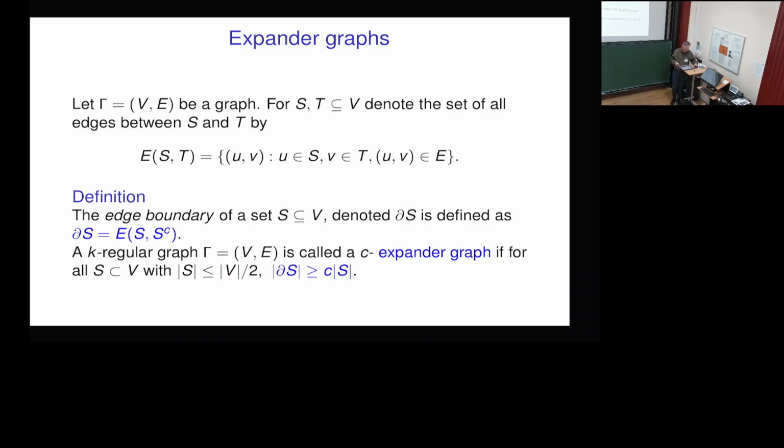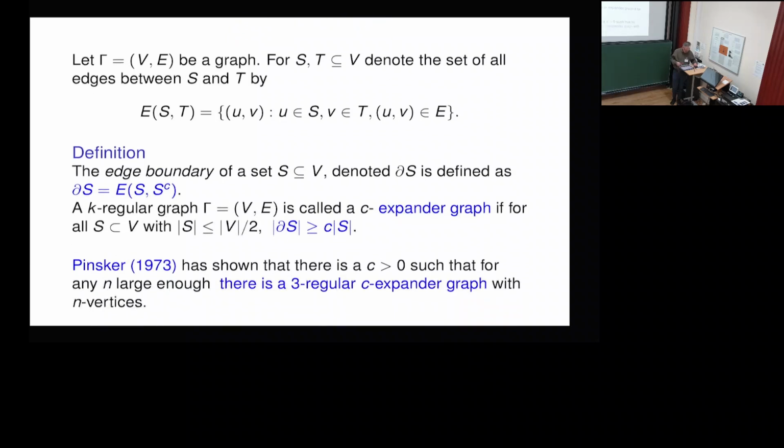So this is an expander graph, and it is known by a result of Pinsker that there are 3-regular C expander graphs for n large enough. So as n goes to infinity, we get a sequence of expander graphs for some C. C is just the same for all the graphs in the sequence.